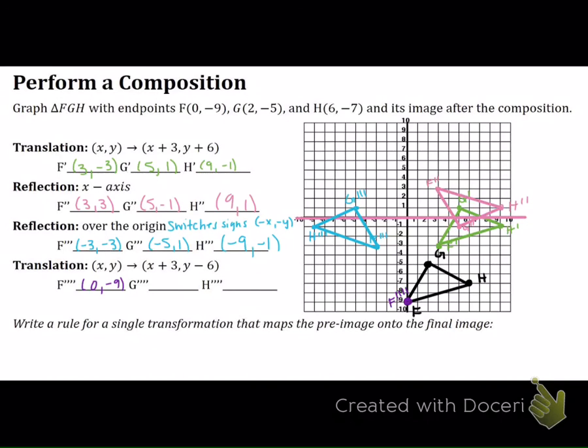Where does G go, Abby? Where's G at? And then, Desiree, where is H? Negative 6, negative 7.